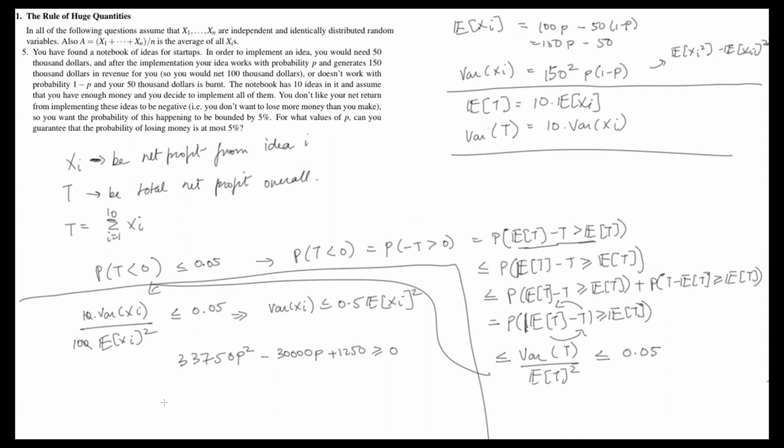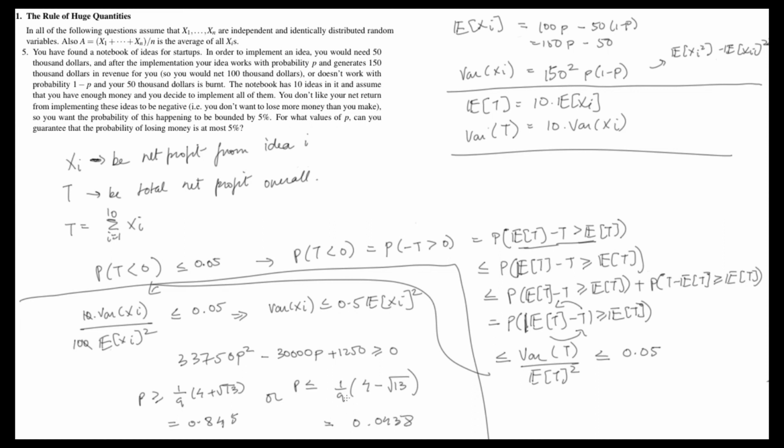Now this will give us two values for p. If you solve this, you'll get p greater than or equal to 1 over 9 times 4 plus root 13, which is equal to 0.845, or p less than or equal to 1 over 9 times 4 minus root 13, the other root, which is equal to 0.0438.